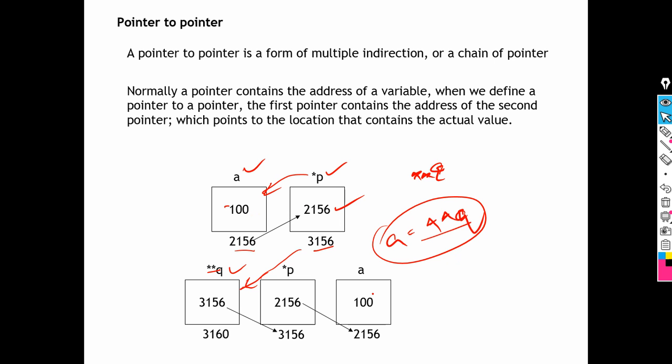So a's address is held in p and p's address is held in q, and double asterisk q is equivalent to a. So you can have a pointer to a pointer, that is double indirection.